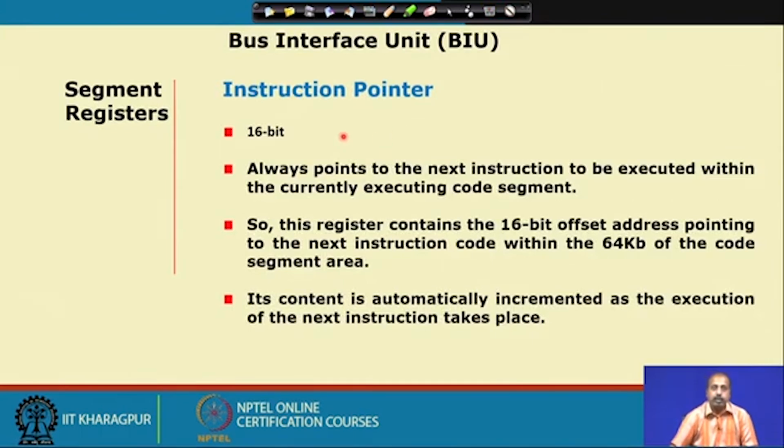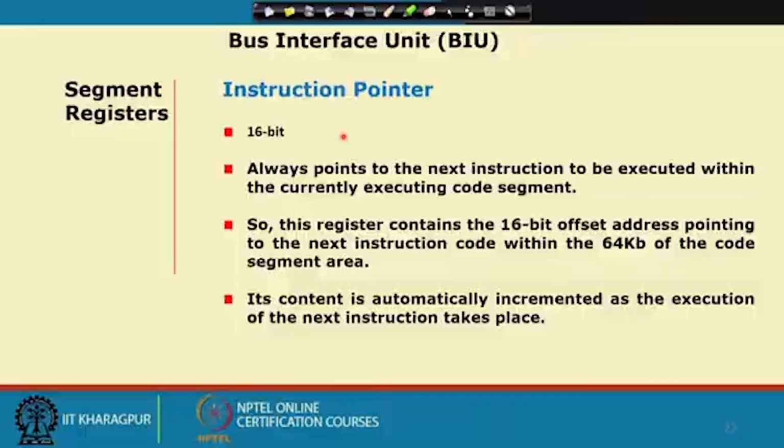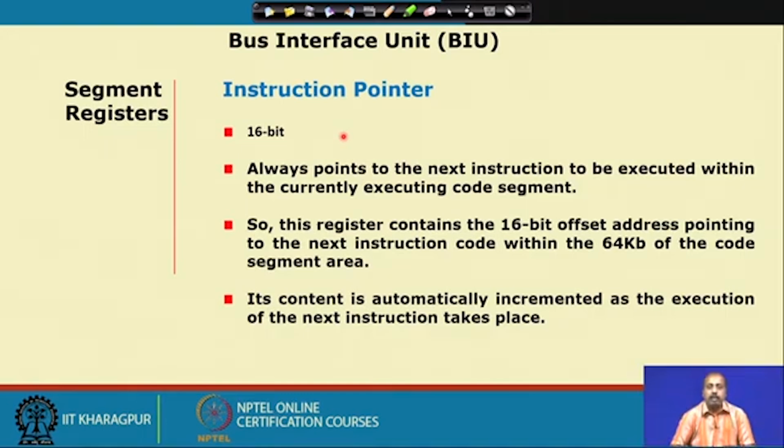Then the instruction pointer register. This is a 16-bit register, it points to the next instruction to be executed within the currently executing code segment. At the beginning, the code segment register has been made to point to the beginning of that segment, and the IP register content is made 0. So, in successive instructions, whenever one instruction has been fetched, this IP value is updated and the CS value remains the same.